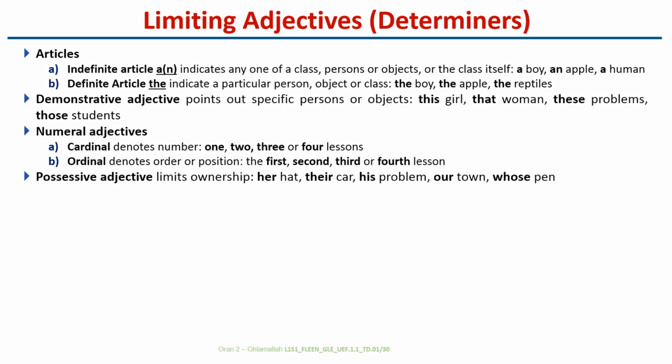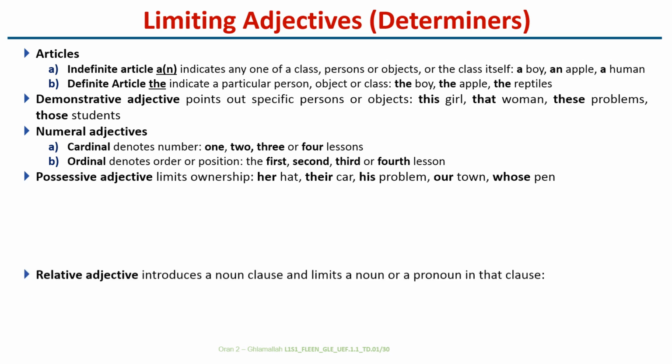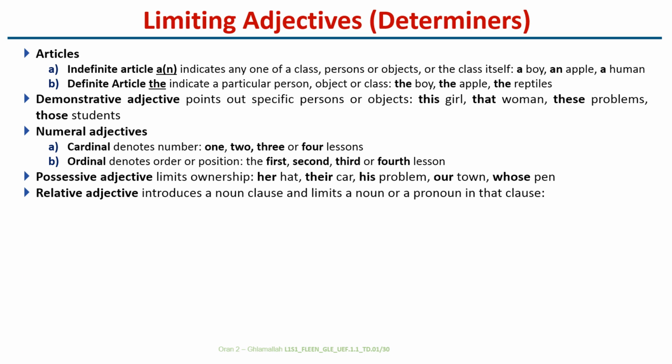A possessive adjective limits ownership: her hat, the car, his problem, our town, whose pen. A relative adjective introduces a noun clause and limits a noun or a pronoun in that clause. I know which book he prefers. Let him have whichever one he chooses.